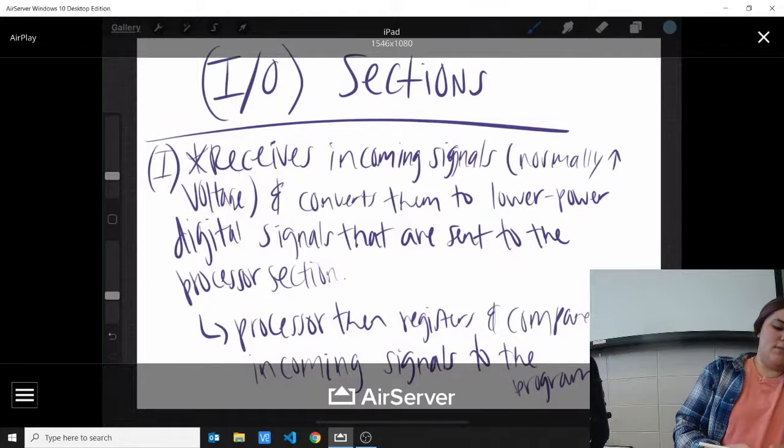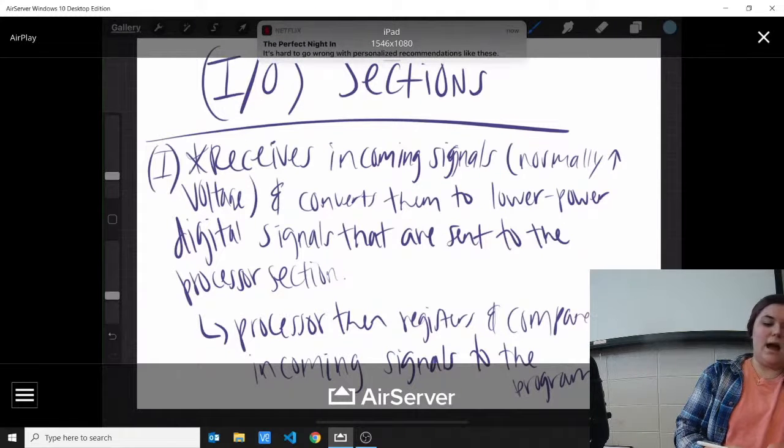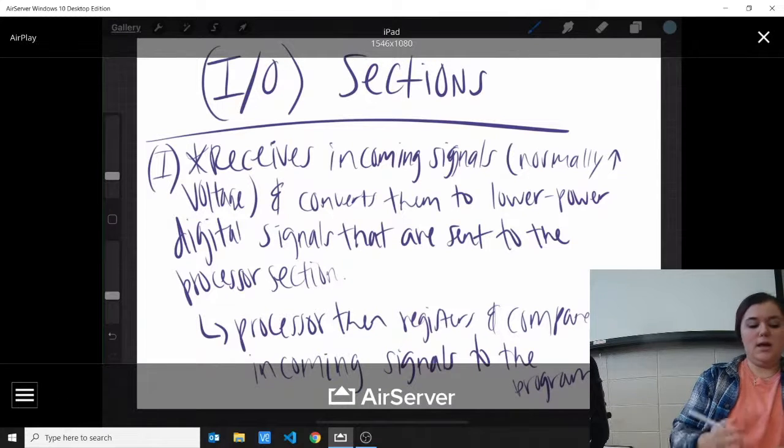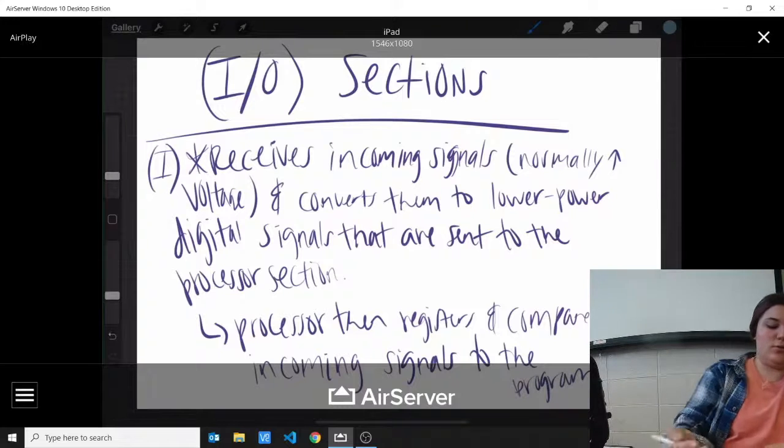So the input receives incoming signals, normally higher voltage, and converts them to lower power digital signals that are sent to the processor section. And then the processor registers and compares the incoming signals to the programs. So we're coming from the input going to the processor, and the input is normally higher voltage, okay? So remember that input, higher voltage, receives it and sends it to the processor section.